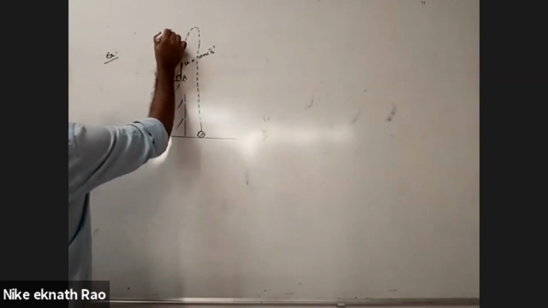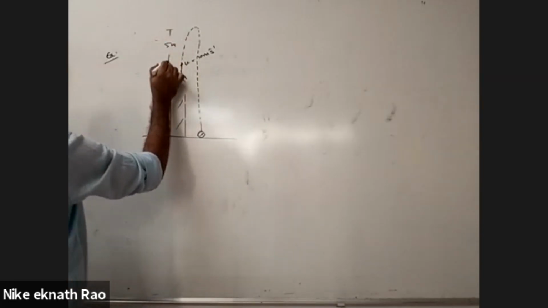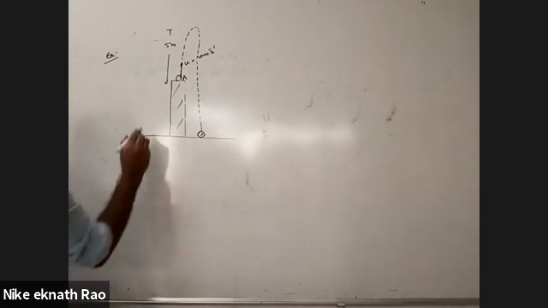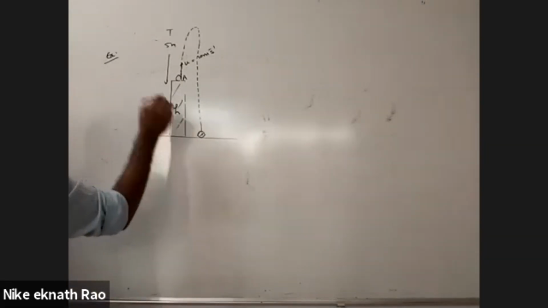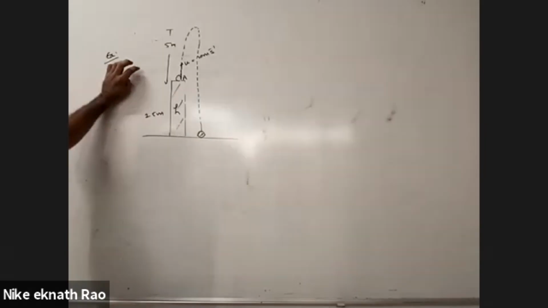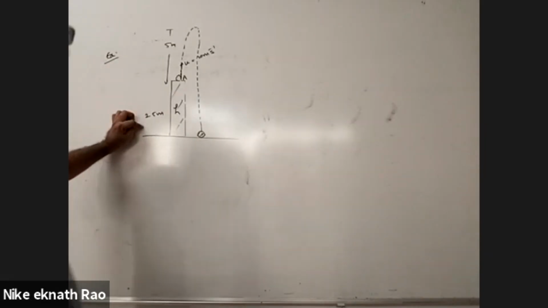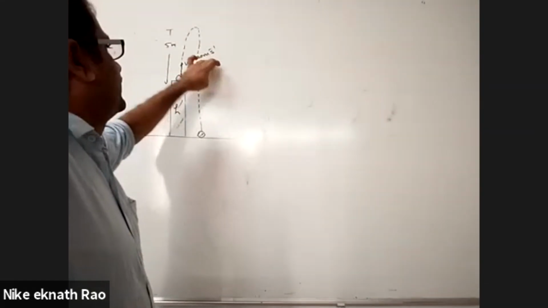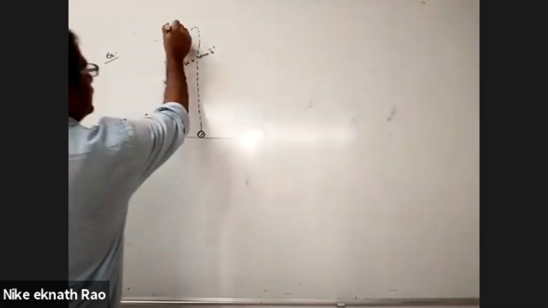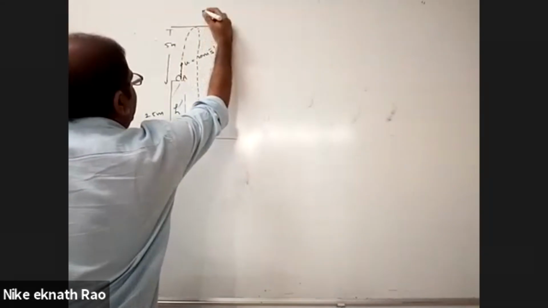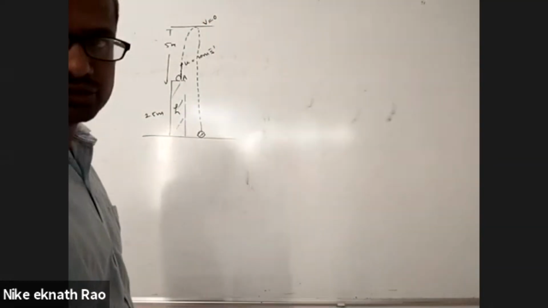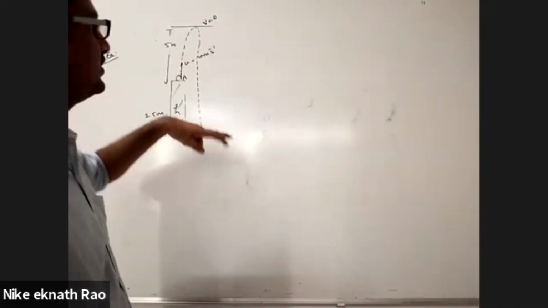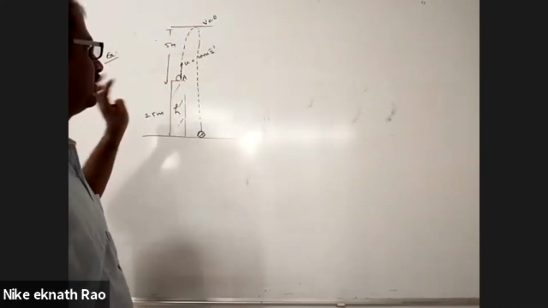Now, if it goes up to a maximum height of 5 meters, and the height of the tower is 25 meters, the particle goes up to the maximum height and does not go further. The velocity there is 0.